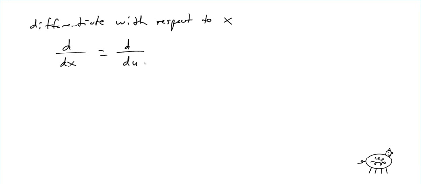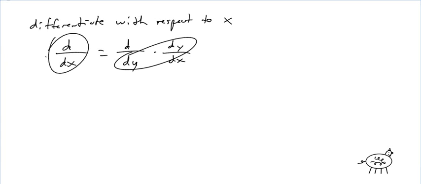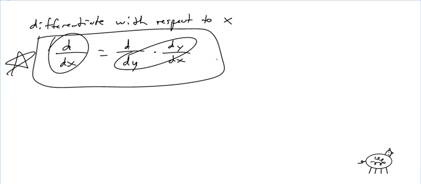With u substitution, we have d by dy times dy dx, right? And here's our chain, here's our link, is the dy's. So that's why d by dx is equal to d by dy times dy dx. All right, so this is actually really important. We're going to be using this a ton here. All right, so let's start off with our first equation.